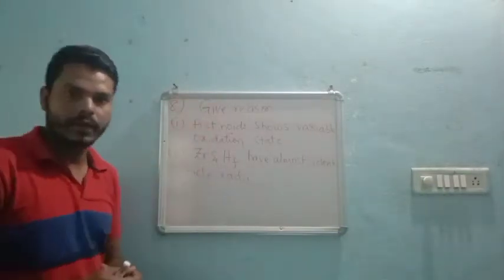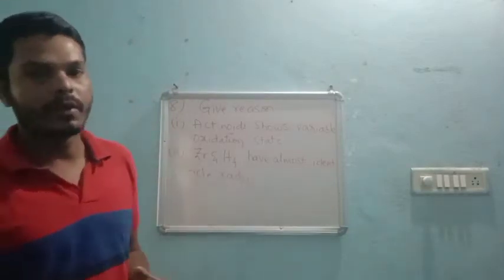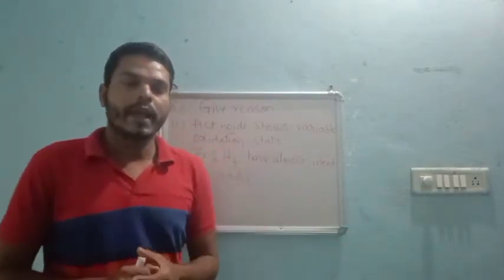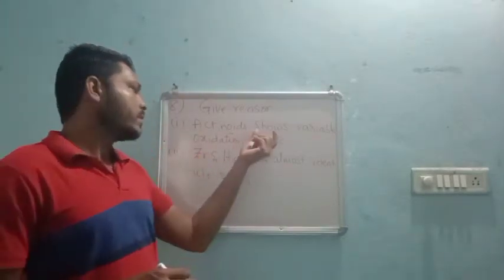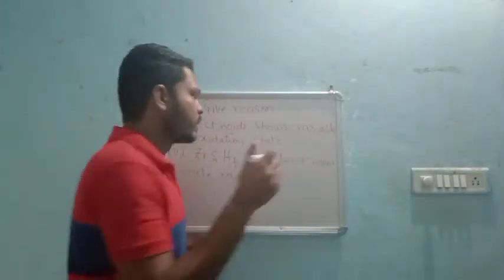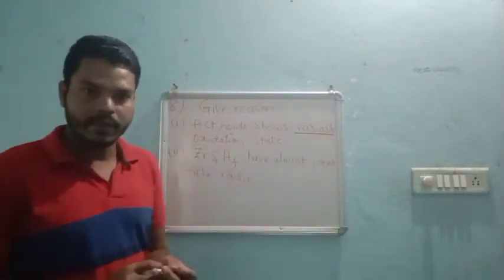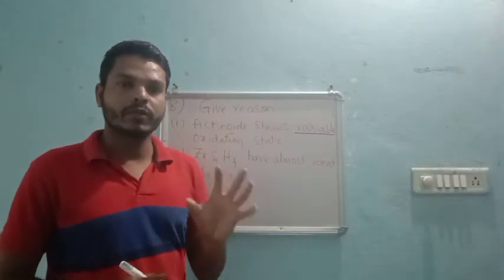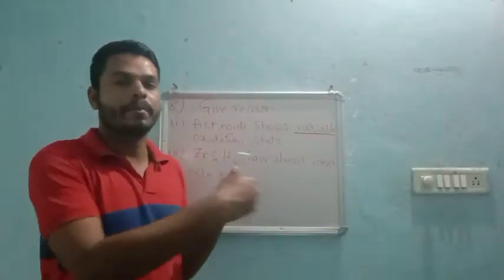Give reason, right? So why are these actinides showing variable oxidation state? During the transition element topic itself, what I said is whenever this type of variable oxidation state question comes in your examination, please make sure that your answer is energy gap, right?